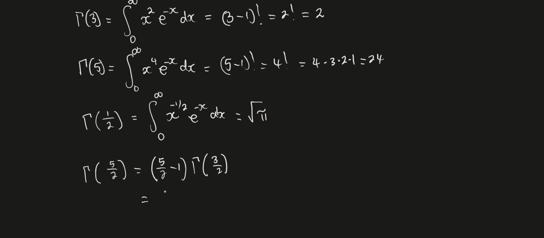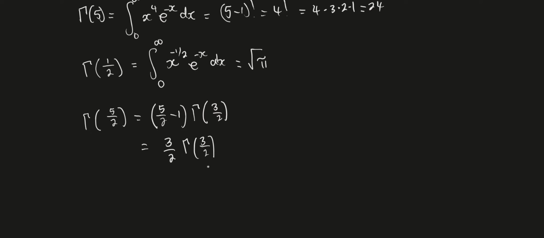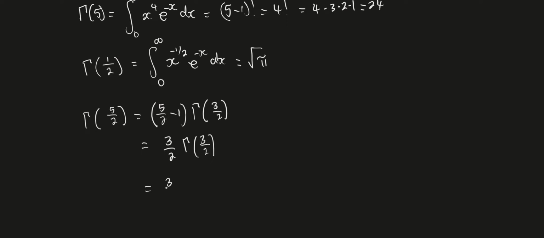So I'd have 3/2, the gamma of 3/2. Great. Again, use the recursive property again. So this would be 3/2, and then the gamma of 3/2 would be 3/2 minus 1 times the gamma of 3/2 minus 1, which is 1/2.